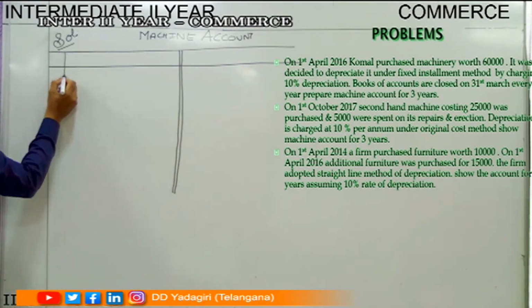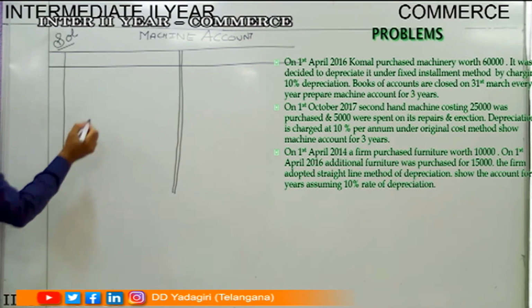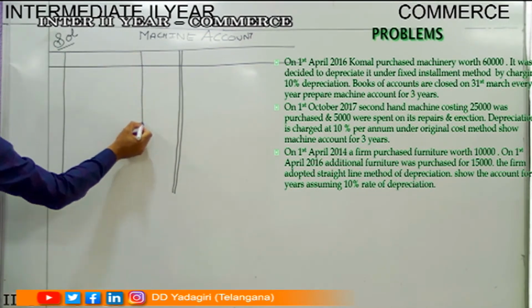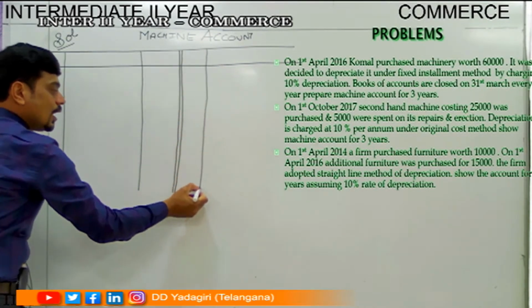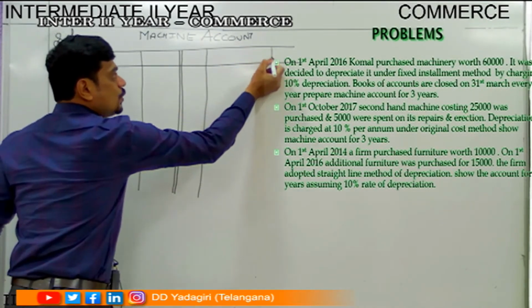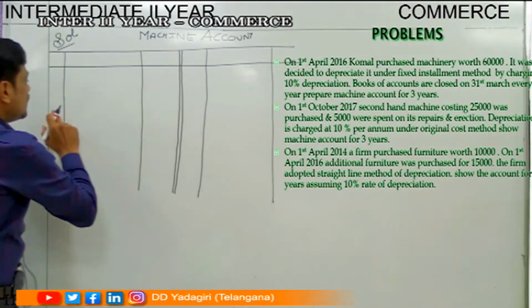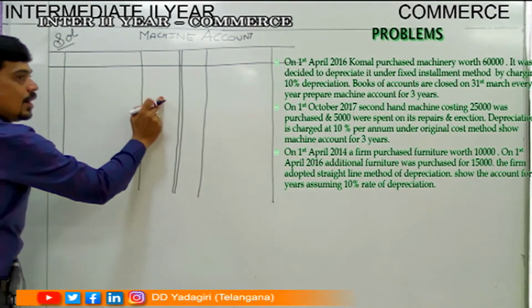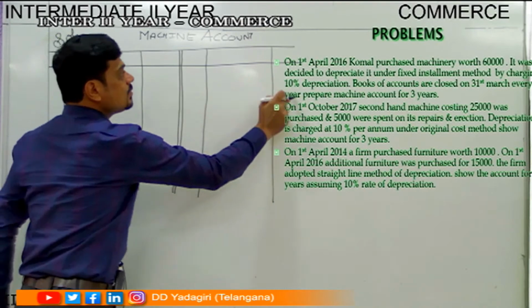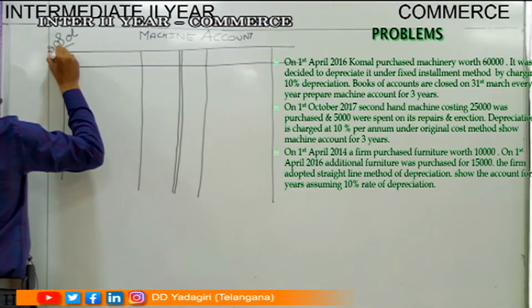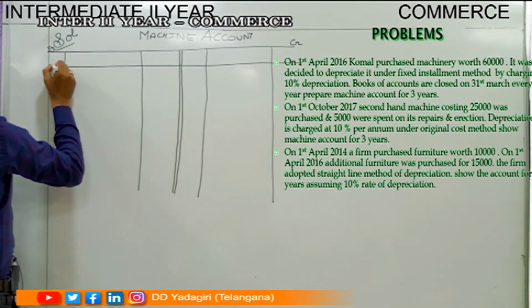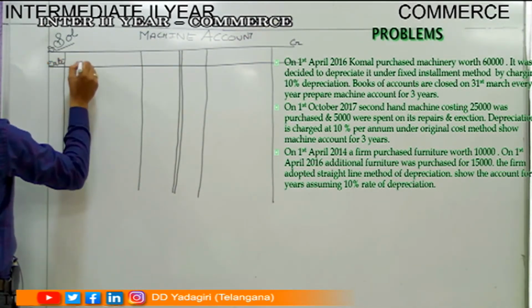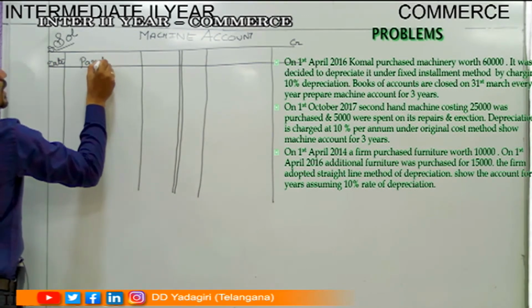Now give the columns. Date column, particulars column, amount column. Always use pencil. Don't draw the account with pen, and use proper scale. Date, particulars, amount on each side. Extreme heads, debit, credit, compulsory. Don't give the examiner a room or chance to cut your marks.